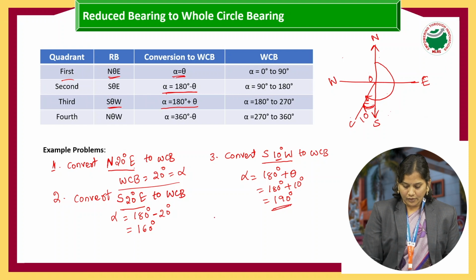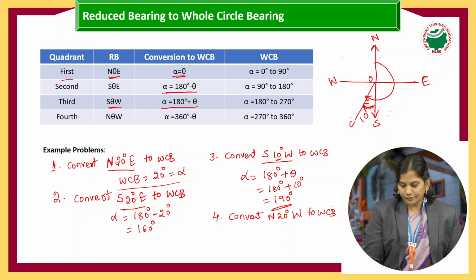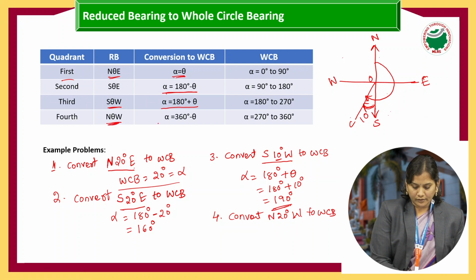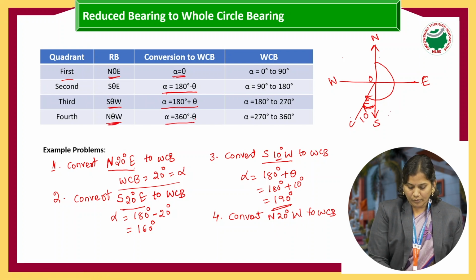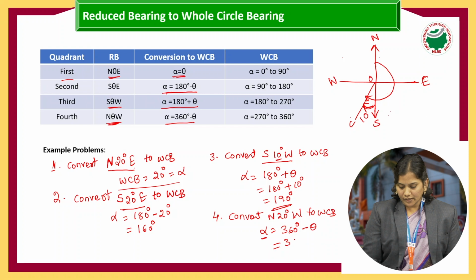Then the fourth one: convert north 20 degrees west to whole circle bearing. North 20 degrees west is in the fourth quadrant, so alpha is calculated using this formula. Alpha equals 360 degrees minus theta, where alpha is the whole circle bearing. 360 degrees minus 20 degrees is 340 degrees.